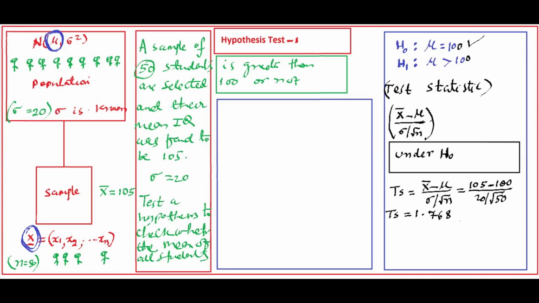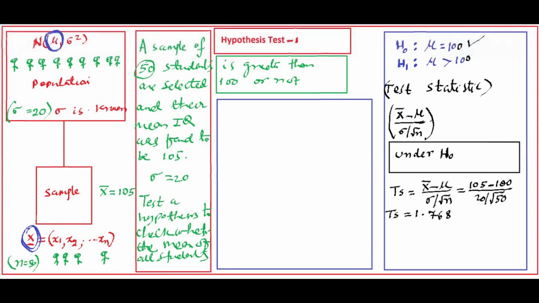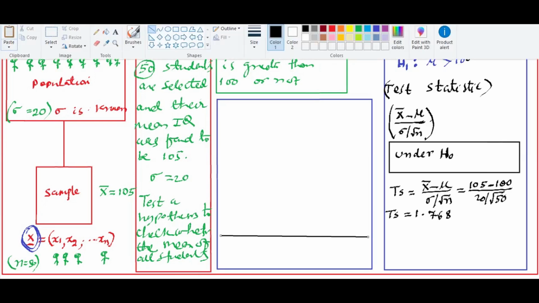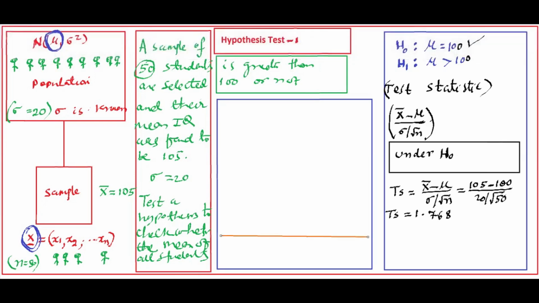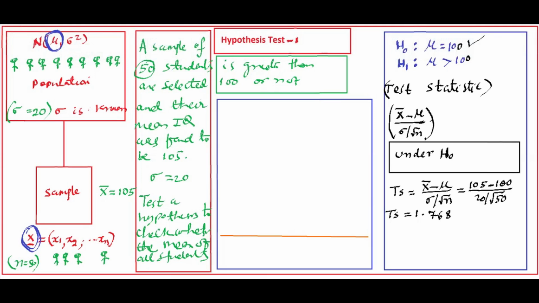Now, like confidence in the last chapter, we have here something called level of significance. At what level of significance do you want to test your hypothesis?